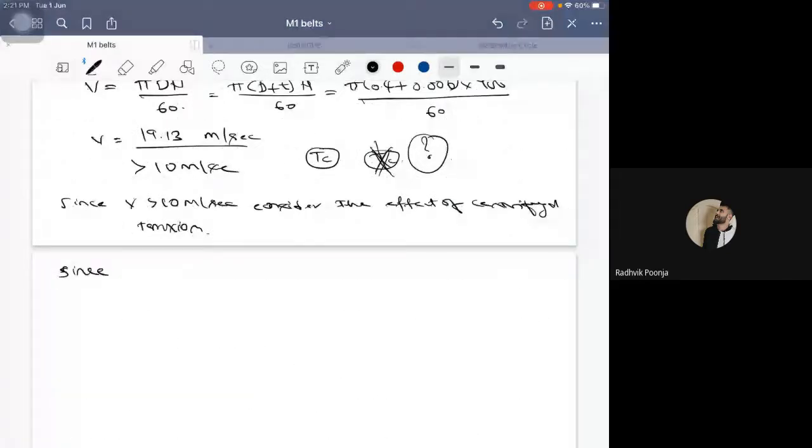How many of you remember on what basis, while we were dealing with gears, we used to treat one part as a weaker part and we used to design the entire gear system based on the parameters of that particular gear, whether it might be a gear or a pinion?